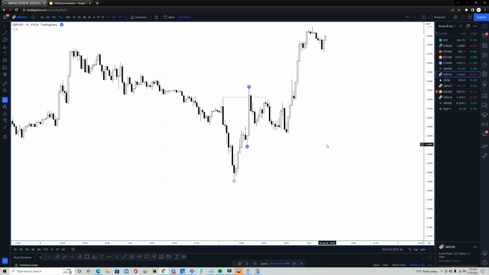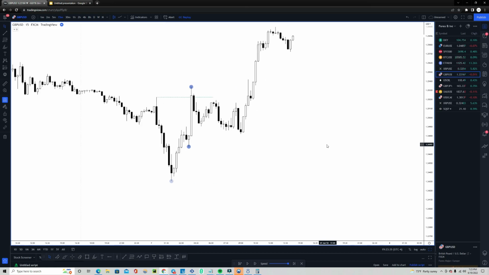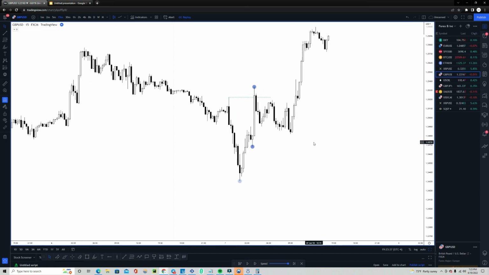I want you to just keep note of this, and we're going to use the same exact example once I start talking about liquidity pools, because this example is going to make so much more sense on why I would use this minor impulsive leg versus sometimes waiting for the full one.